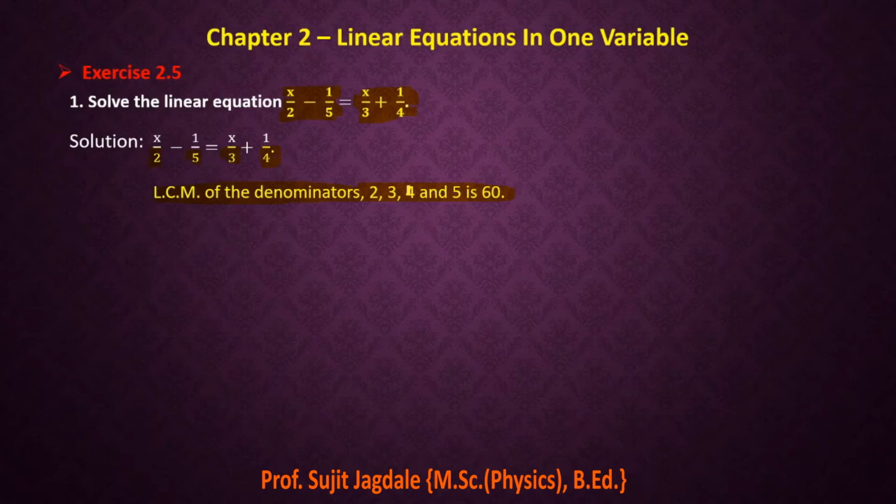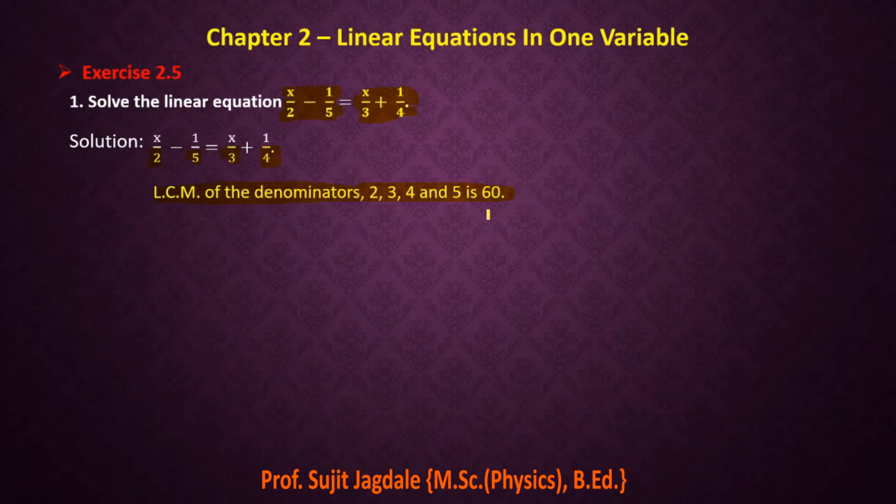For example, if we take 3 tens are 30, 30 is an even number, but 30 is not in the table of 4, so that problem is there. Due to which 60 is the least common multiple of all the denominators 2, 3, 4 and 5.